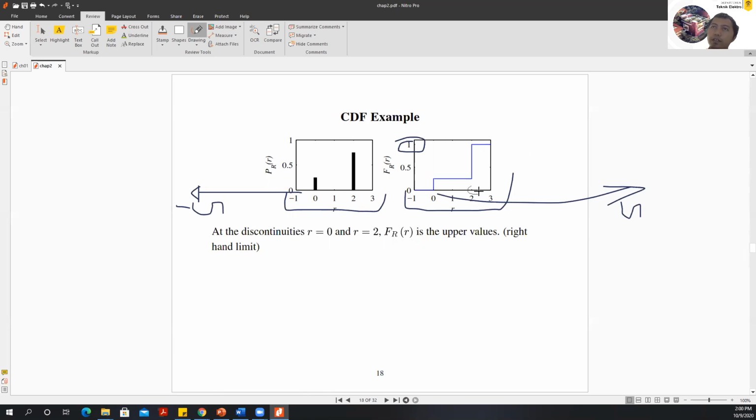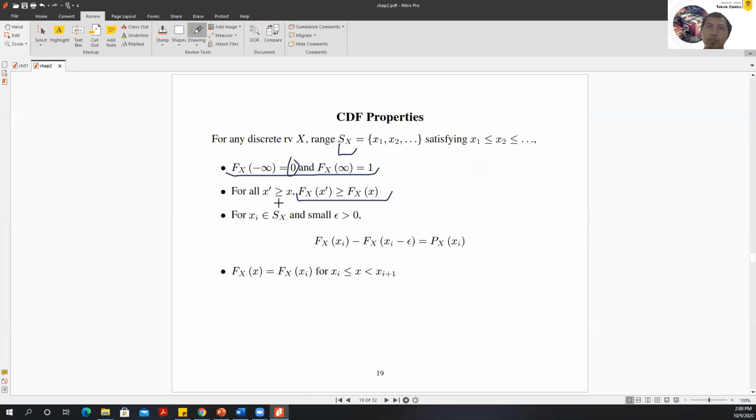If this is x' and this is x, where x' is equal to or greater than x, you can see the CDF is higher at this point. So it is easy to prove.